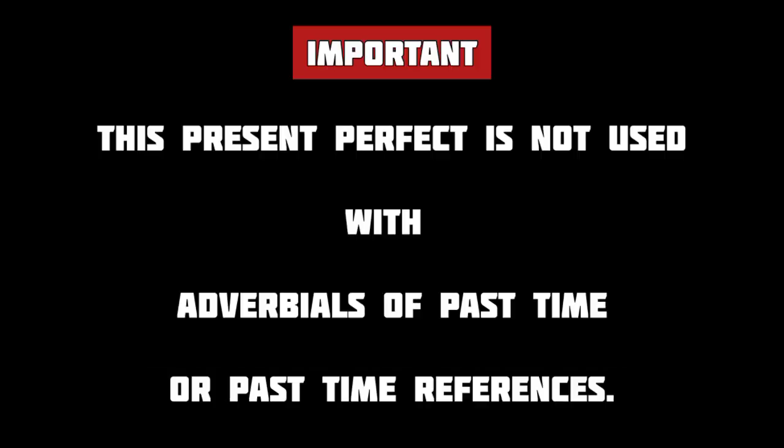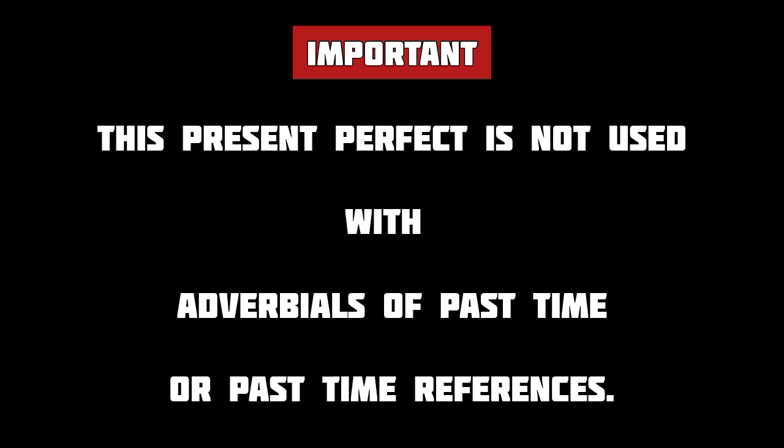Now, it is also important to remember that although the present perfect denotes a completed action or activity of the past that is significant at present, it does not indicate any past time reference of the action. In other words, the present perfect does not mention any past time point when the action took place.